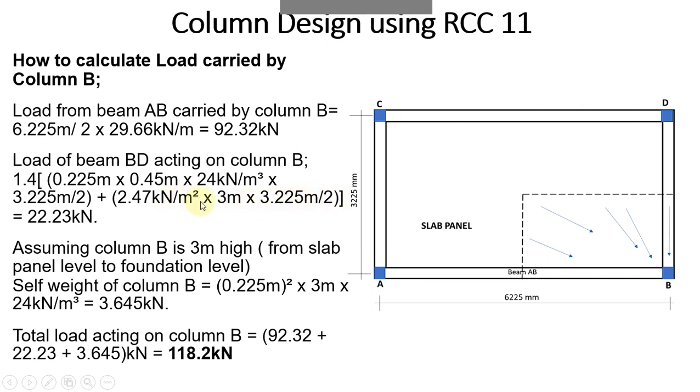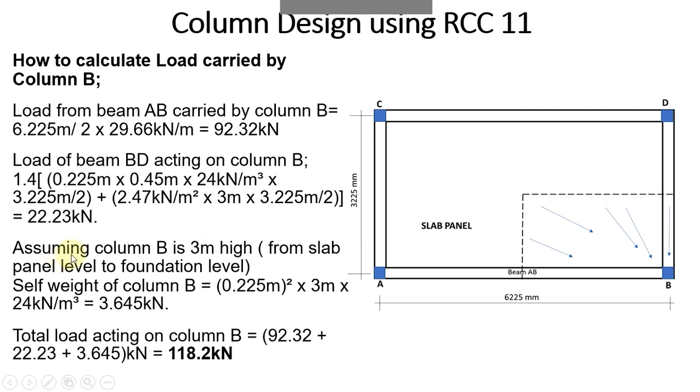That 1.4 is the dead load factor. This is the self weight of the beam, and this is the wall load, and so we get 22.23 kilonewtons. Although this particular beam may not be receiving any load from the slab, it could be carrying wall load, so we have assumed for the worst case that it's carrying a wall load.